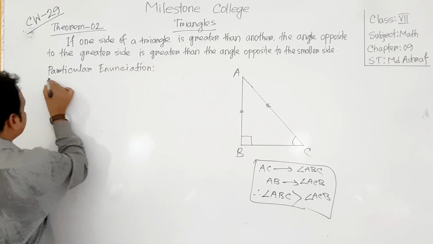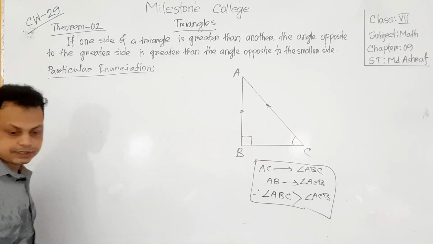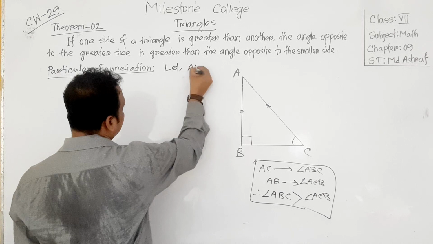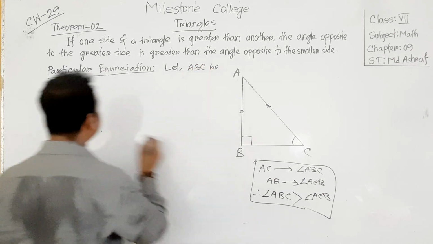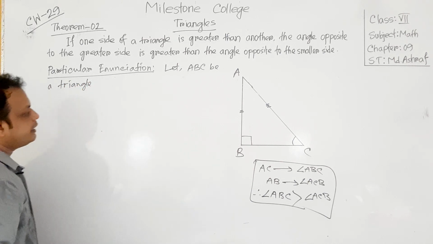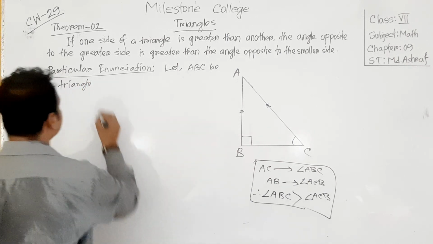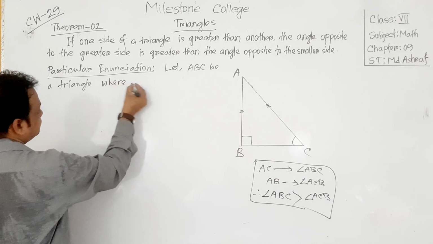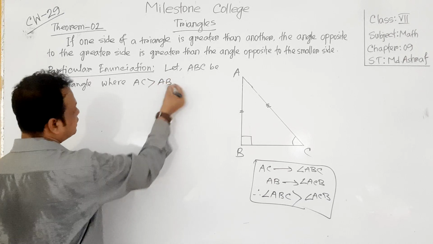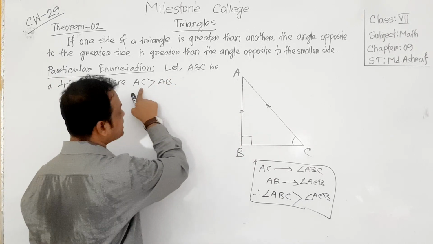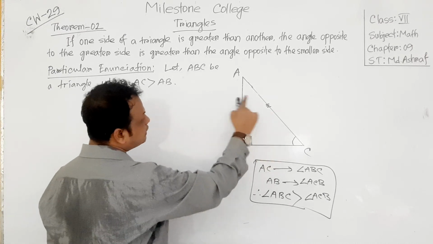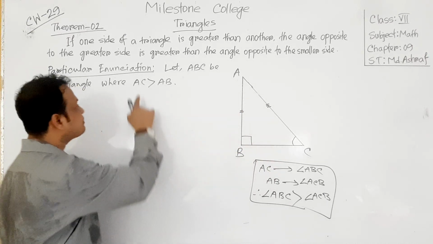Let ABC be a triangle where AC greater than AB. So in triangle ABC, length of side AC is greater than AB. That means if length of AC will get 5, then AB will be 4. That means AC greater than AB.